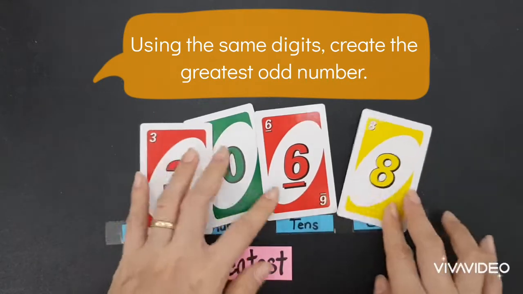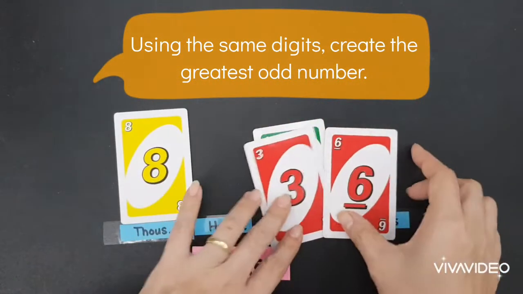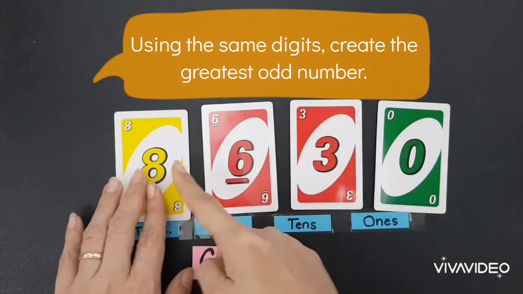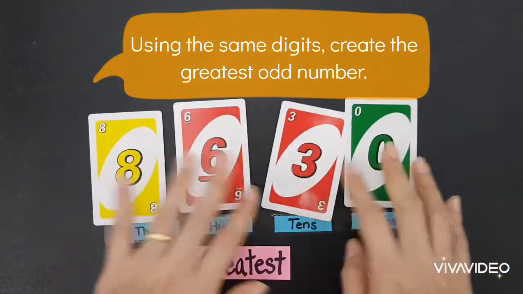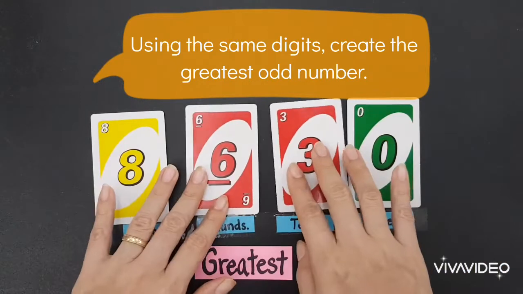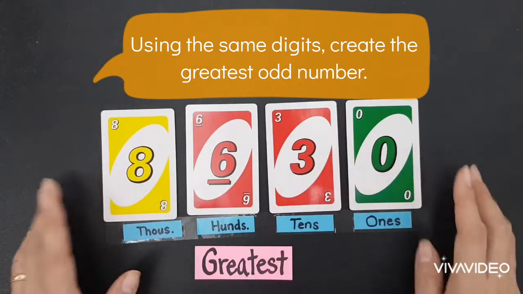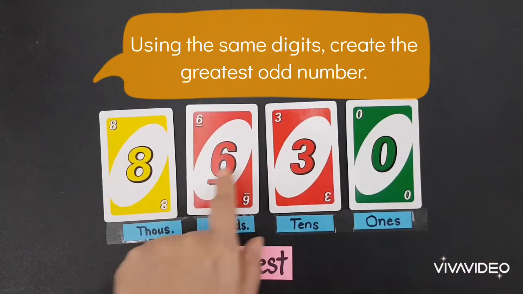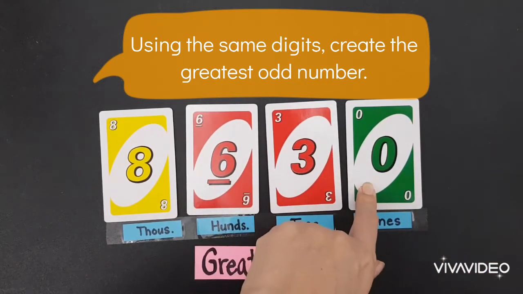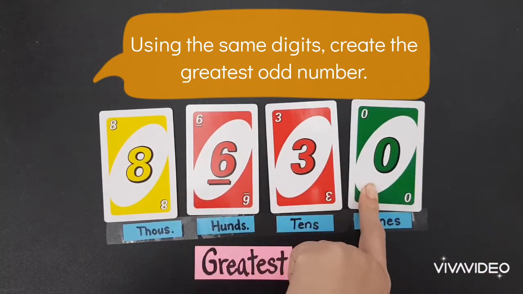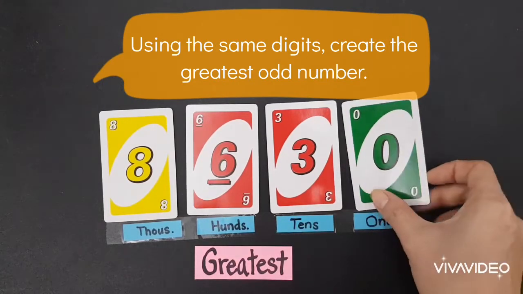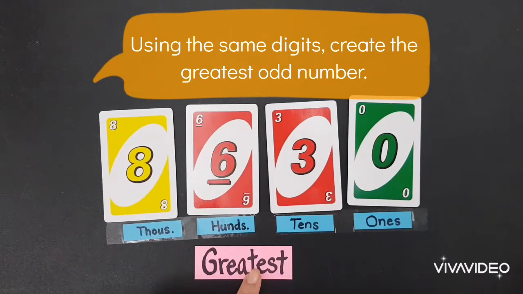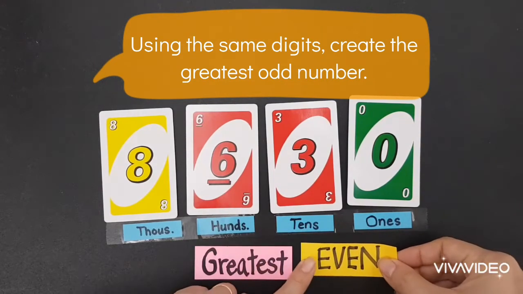So if it's greatest, I'm going to put the biggest digit in front and arrange them from the biggest to the smallest, 4 digits. So now the greatest number that I can make with these digits is 8,630. Now is this even or odd? This is even because 0 is even. Okay, so this is actually the greatest even number.